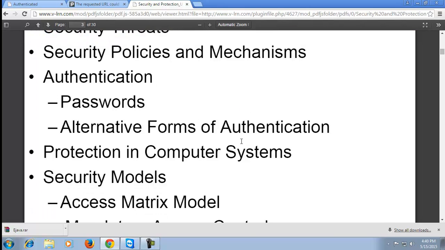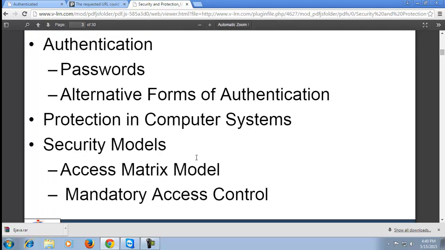So for protection in computer systems, security models are used, access matrices are maintained and mandatory access control is there, which represents which node is controlling and which node is accessing and which node has the links to access the particular vertices and the particular nodes inside the control.